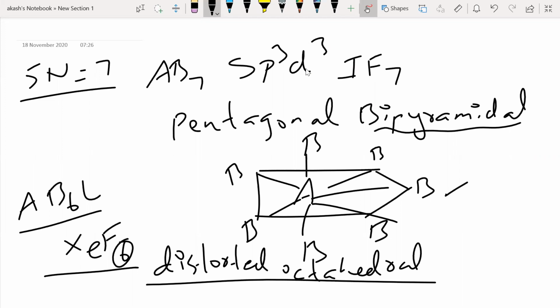An octahedral shape would have been there if it's just AB6, but since I have the presence of this lone pair, the octahedral is distorted. So it's not a regular shape. That's what you need to understand, and you don't have to know the shape. Forget it. You just have to know the name of the shape, that is distorted octahedral shape.